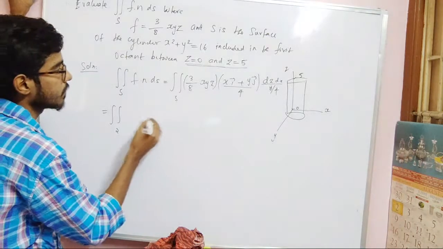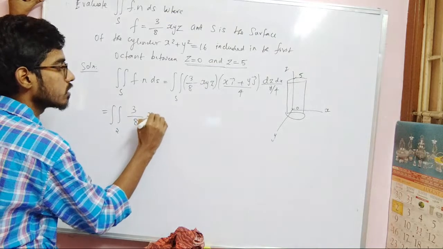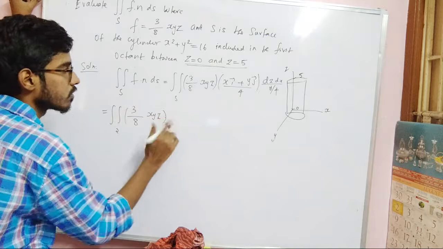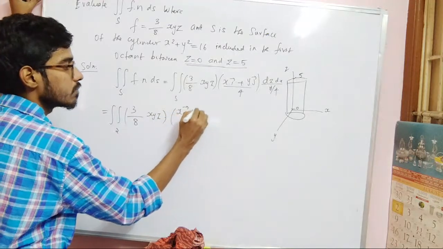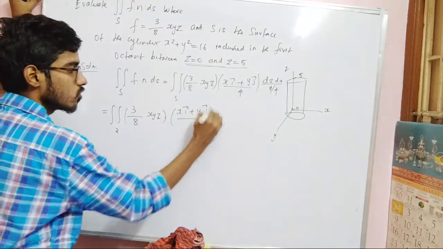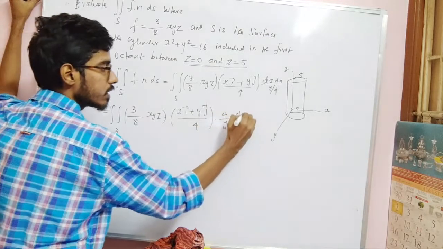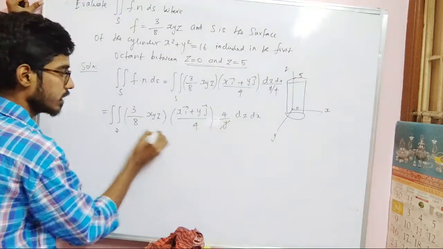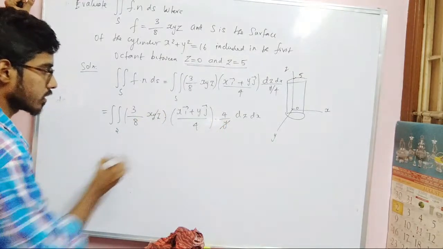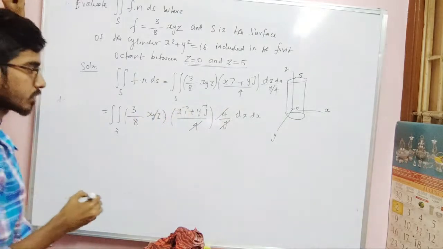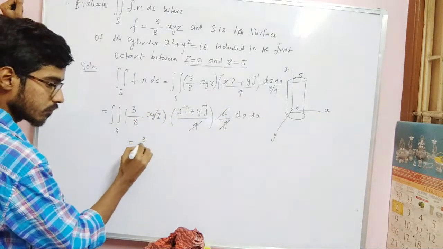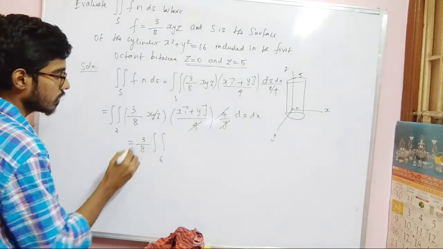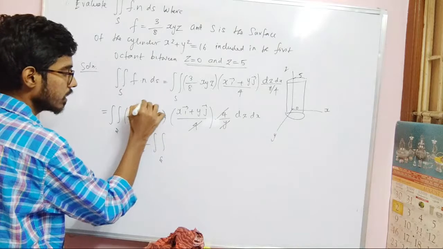So you can see this is 3 by 8 x y z into (xi plus yj) divided by 4 into 4 by y dz dx. This y and this y will get cancelled, this 4 will get cancelled. So we have 3 by 8 outside, double integral over S. Overall we have only xz here.